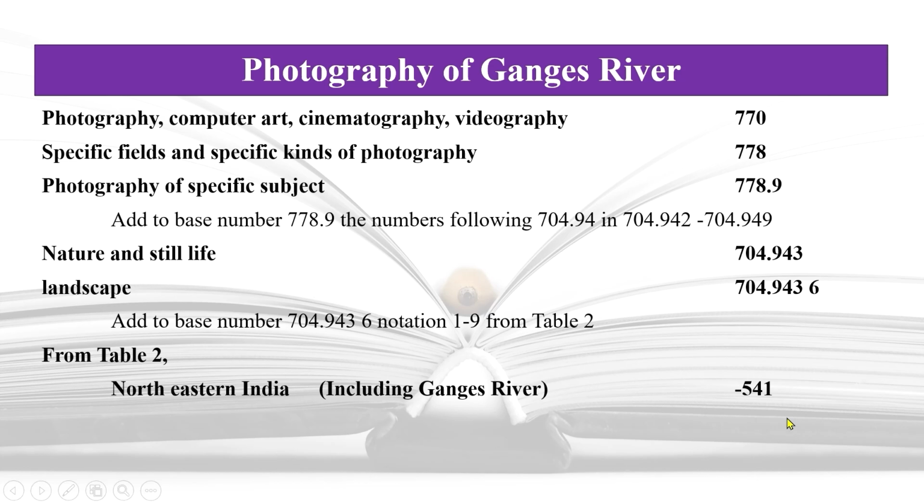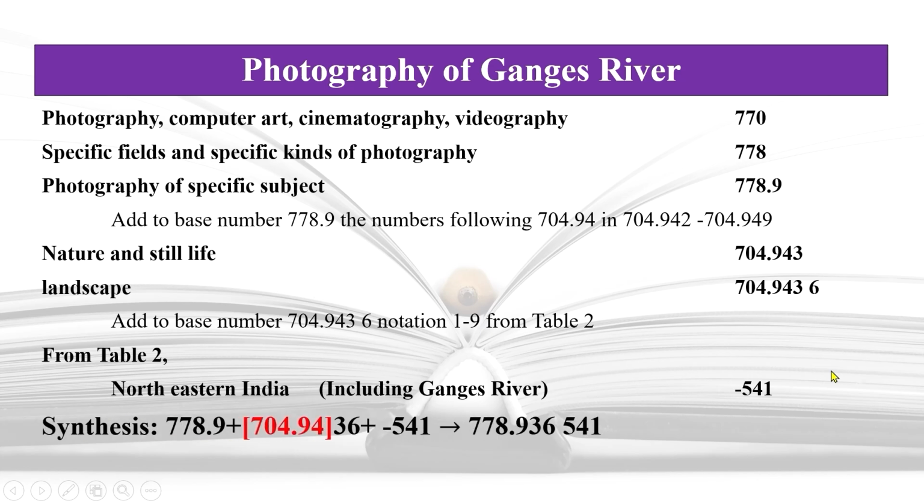Therefore, we get the number 778.9 for photography of a specific subject, and for the subject we proceed to 704, from where we get the number for the landscape.